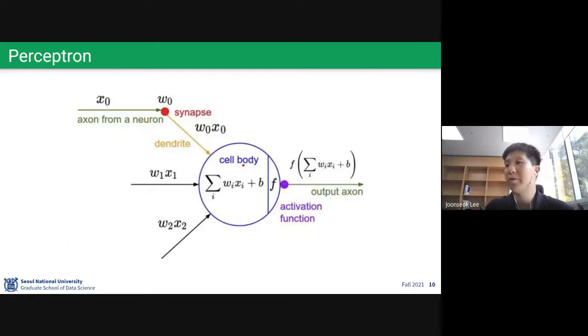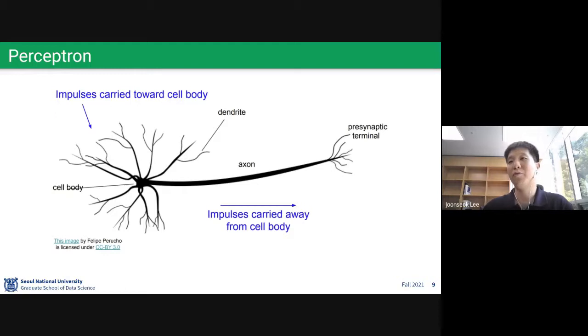And if they are strong enough, then it fires. Otherwise, it doesn't. That firing part is determined by this f, which is the activation function. And if that output is fired, then we have some output, and it goes to other neurons or perceptrons as an input. So you can see that this is kind of mimicking what we have in our human body.